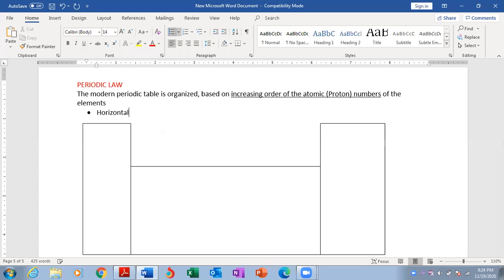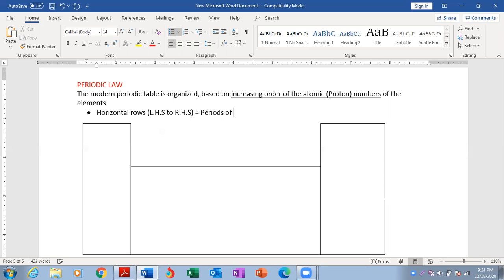The horizontal rows from left hand side to right hand side have a particular, specific name. These are called periods of the periodic table.